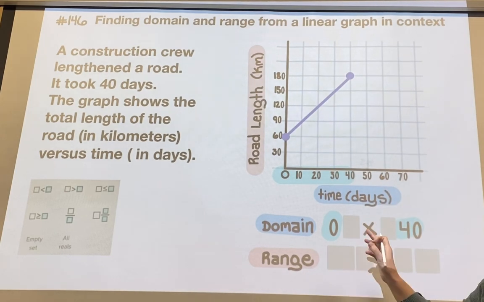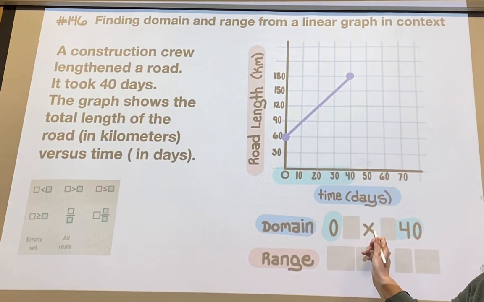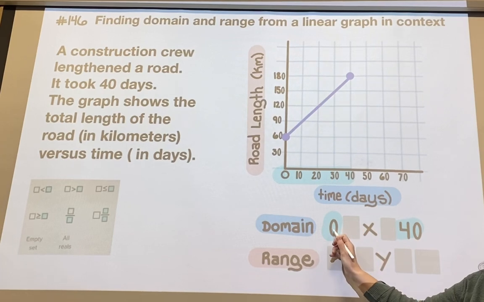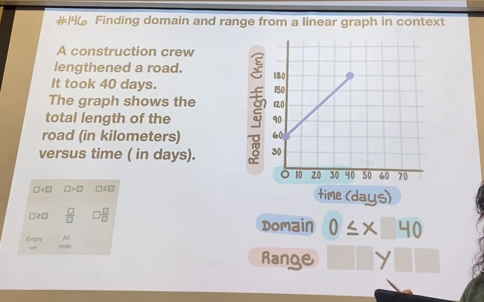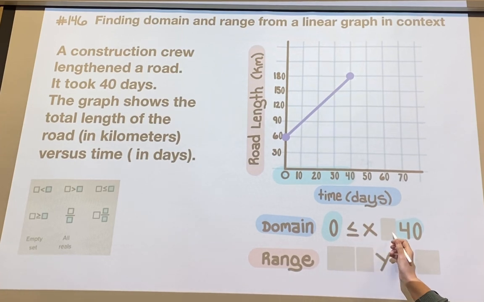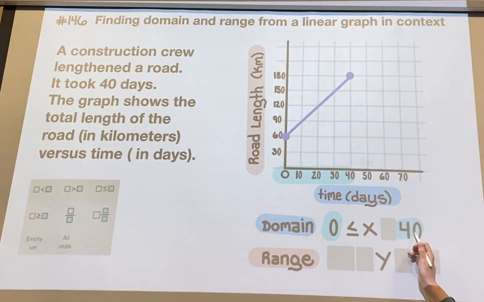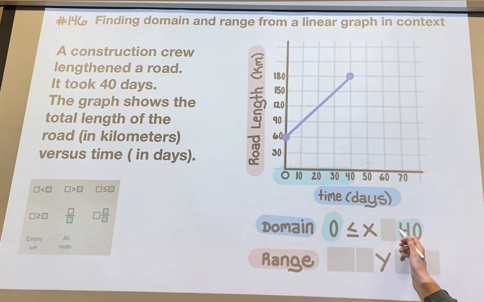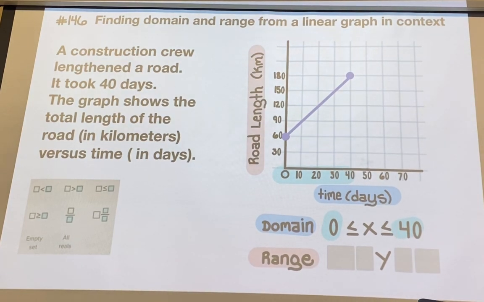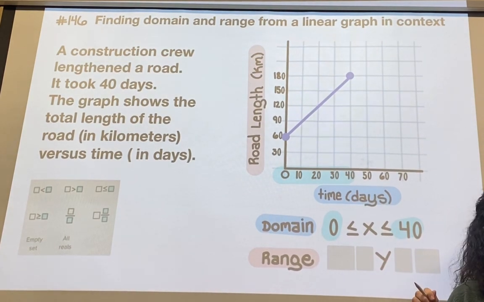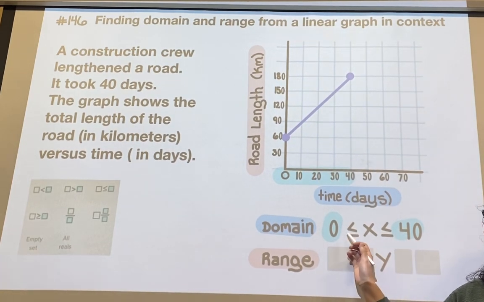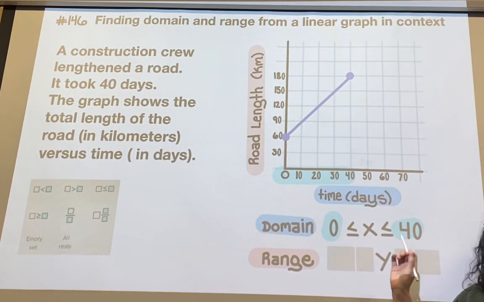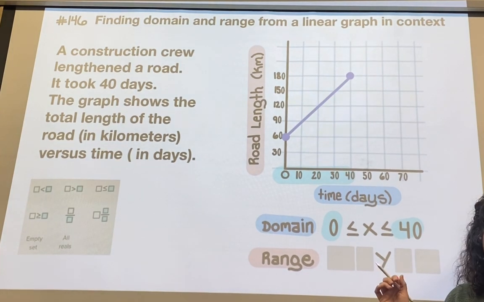So our number X could be bigger than 0 or equal to 0, so we're gonna have less than or equal to. And then 40 is as big as it gets, so the Pac-Man's gonna be eating the 40. And these are going the same direction. So our X is sandwiched between 0 and 40, and we have less than or equal to and less than or equal to. Okay, so for the range, we're looking on the Y-axis.